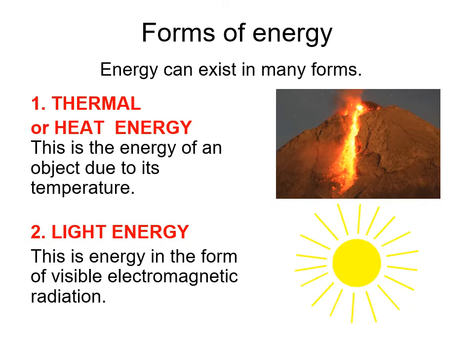Then we have light energy, and that comes from the electromagnetic spectrum, which we'll look at later in the course. That's the energy that comes from things like the sun, or even a simple light bulb working in your room or your classroom.